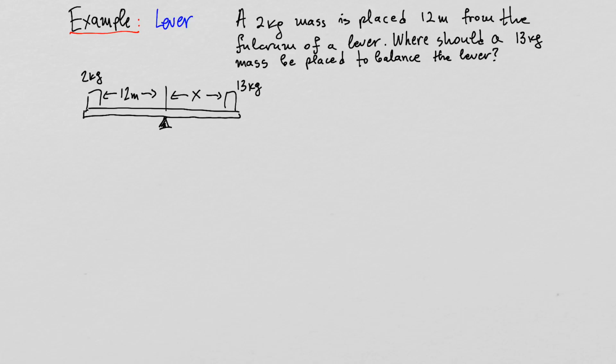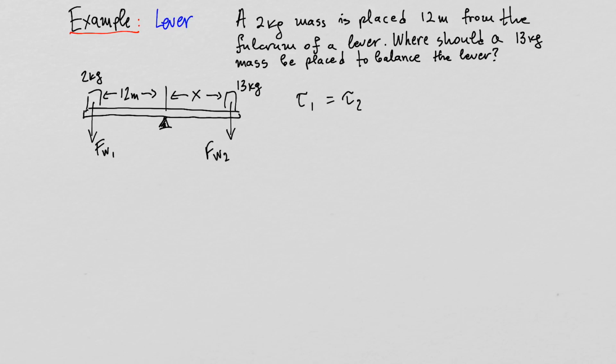Let's call the weight of the 2 kilogram mass Fw1 and the weight of the 13 kilogram mass Fw2. And so we want the torques due to those two weights to be equal to each other. So we want the torque of Fw1, let's call it torque 1, to be equal to the torque of Fw2, torque 2.